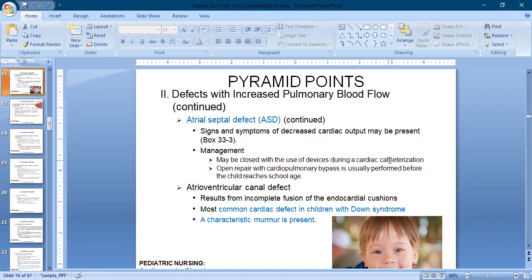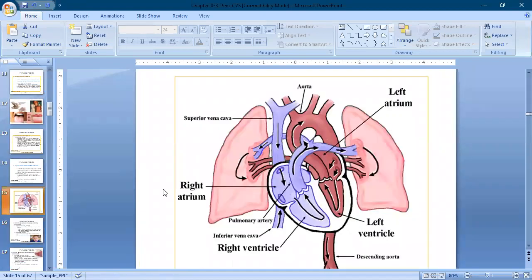So another defect is called atrioventricular canal defect. Atrioventricular means like this picture. This is the right atria. This is the right ventricle. In between atria and ventricle, this is called atrioventricular, right?